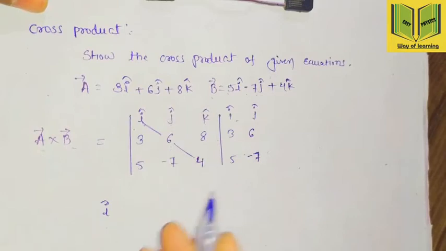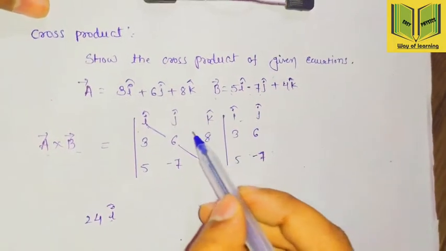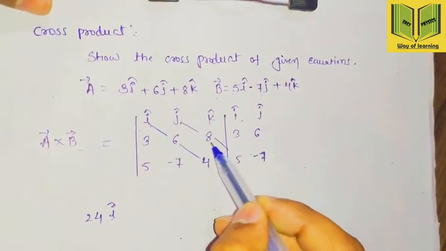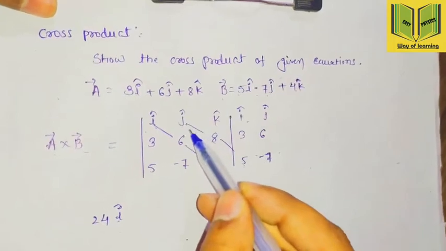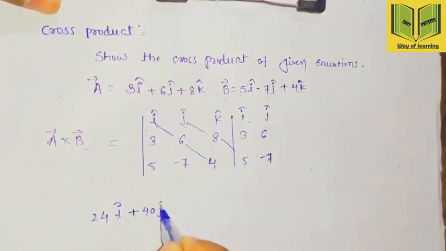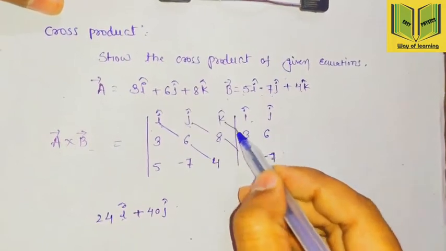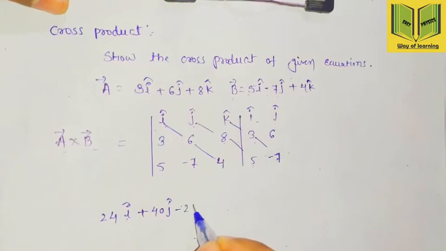So 6 into 4, this is 24 i, and in this line 8 and 5 come, and j. So 8 and 5 multiplied by j means 40 j. In this line, minus 21 with k.